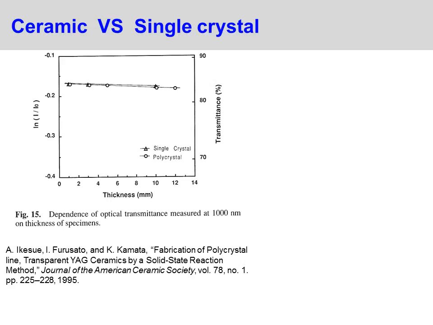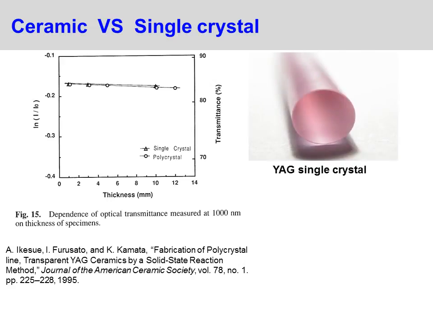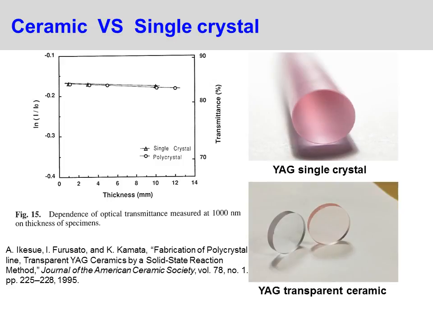So we can look at this picture. These two lines are very close to each other, and this is the photo of YAG single crystal. This is YAG transparent ceramic. We can see they look quite the same.